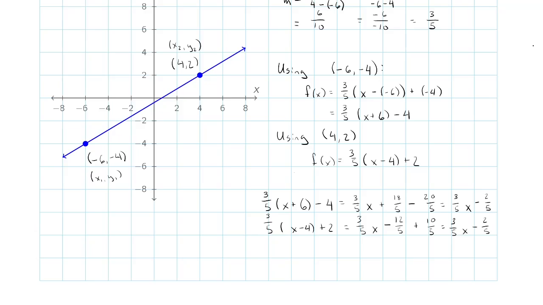But what we notice is that those both simplify to give us the same expression. Simplified, we have f of x equals 3/5 x minus 2/5, which is the equation of this line in the form y equals mx plus b.